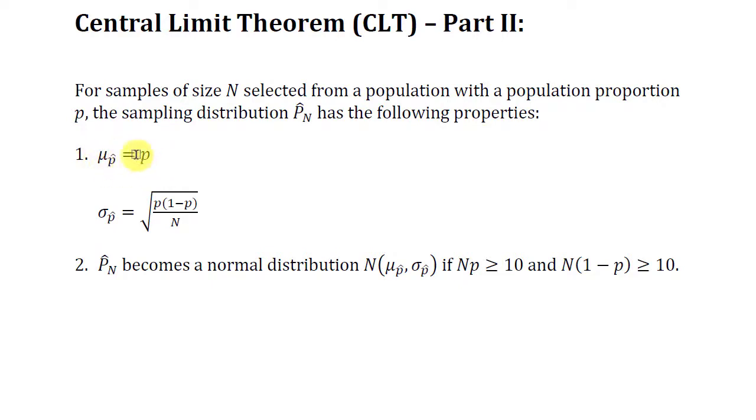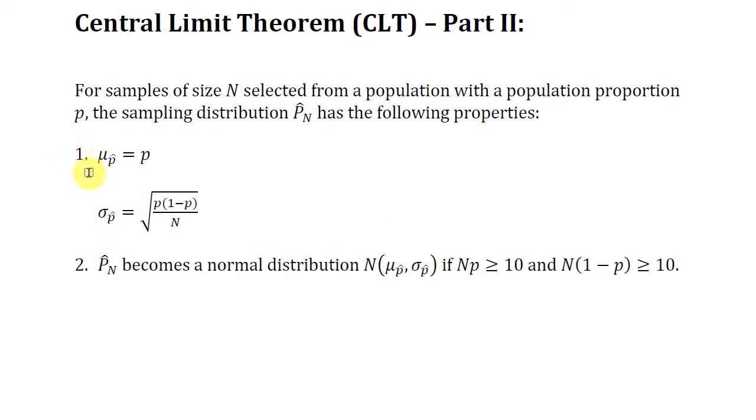So this central limit theorem part 2 allows us to bypass searching for all sample proportions, but still quickly find the average of all sample proportions in our current sampling distribution of the proportion, because that final result is simply p.